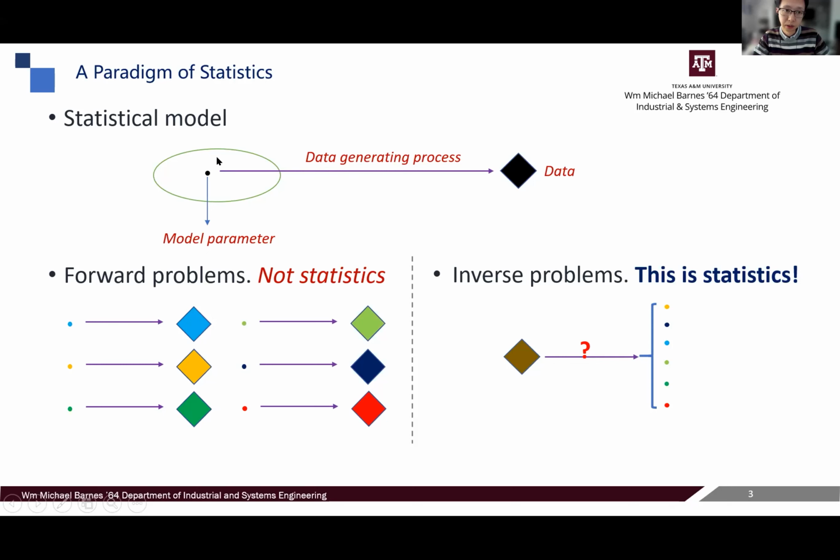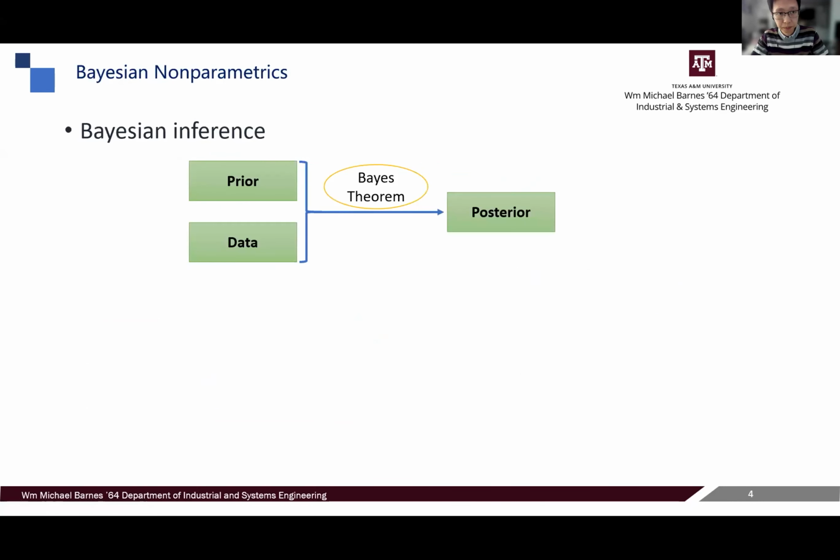That's the nature of a statistical model. In statistics, we are interested in the so-called inverse problem: suppose we have the data and we want to infer which model is the right model or the closest model that can generate this data. That's a statistical inference problem.